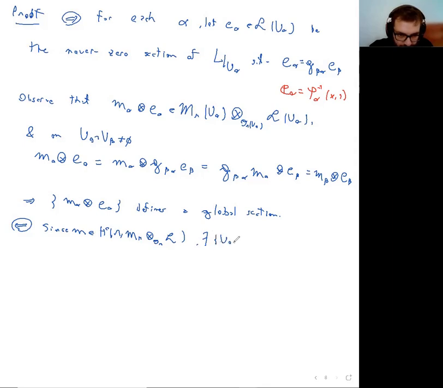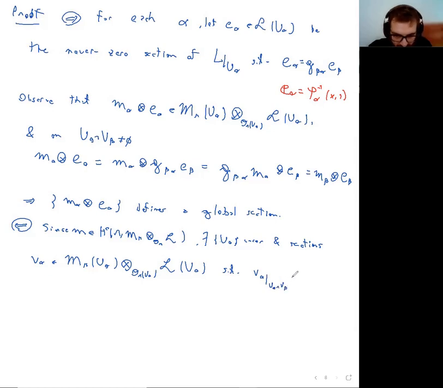Then we do have a cover and sections v alphas, which are in the meromorphic functions on U alpha tensor over holomorphic functions on U alpha of L of U alpha, such that v alpha restricted to U alpha intersected U beta is the same as v beta restricted to U alpha intersected U beta.